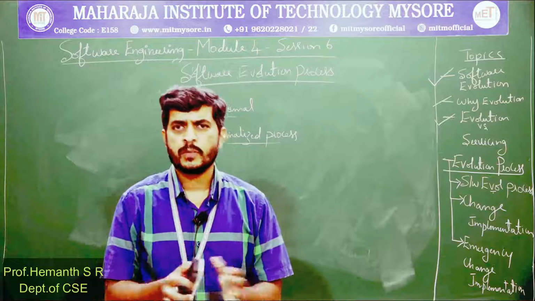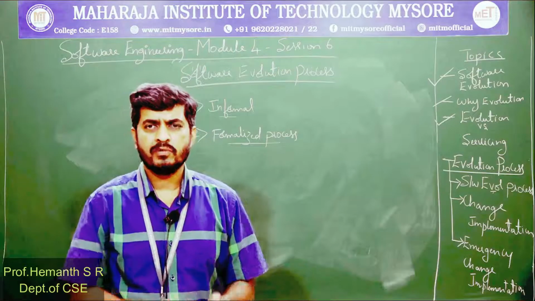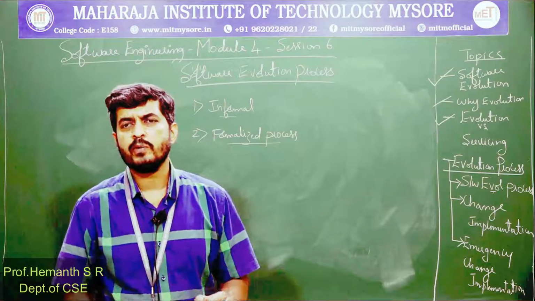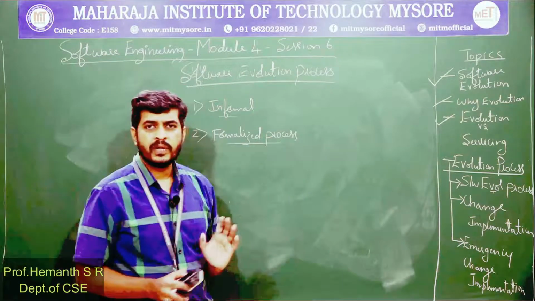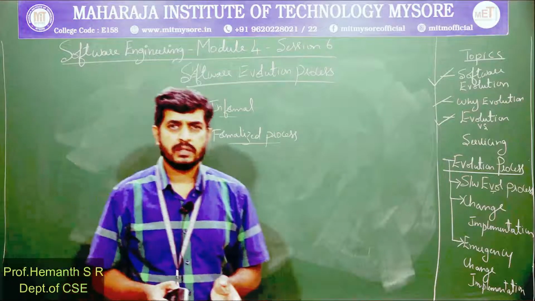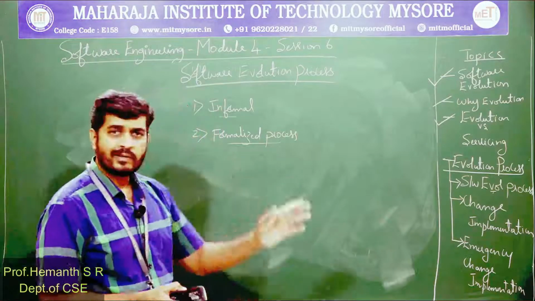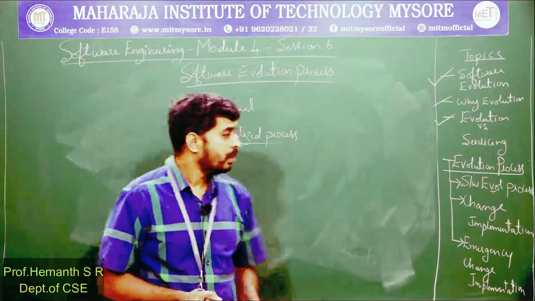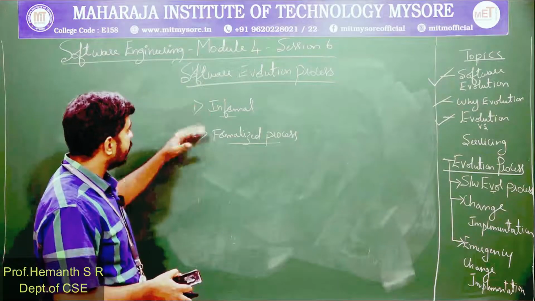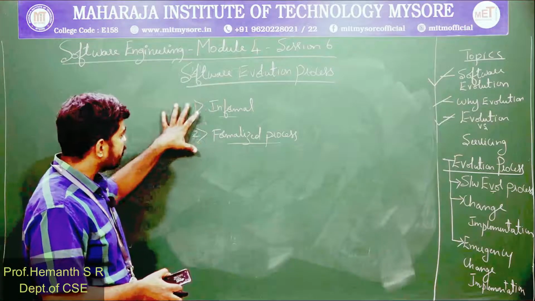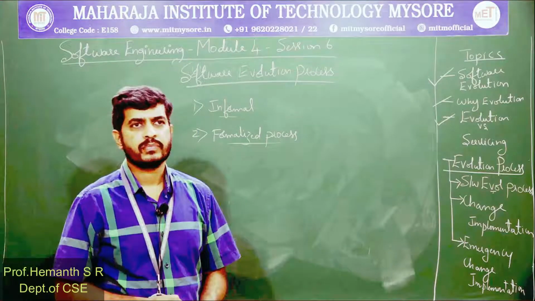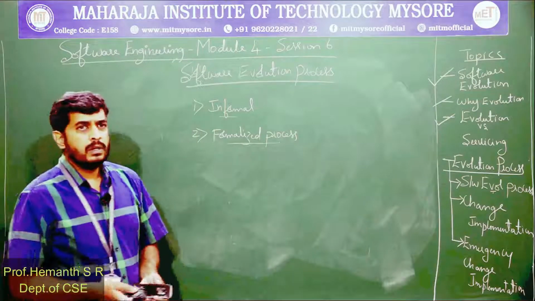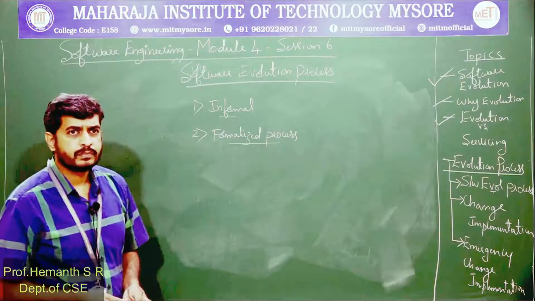So a standard procedure protocol will be used, a template will be used, a standard document will be used, through which the client will inform the software company about the needed changes that should be done as part of software evolution or servicing. Okay, so there are two ways of informing the required changes by the client to the company.